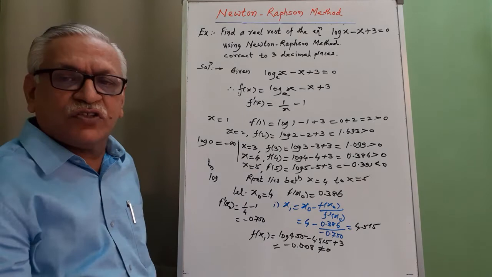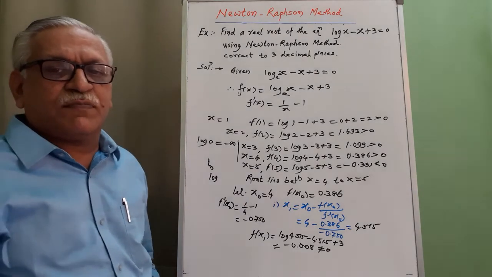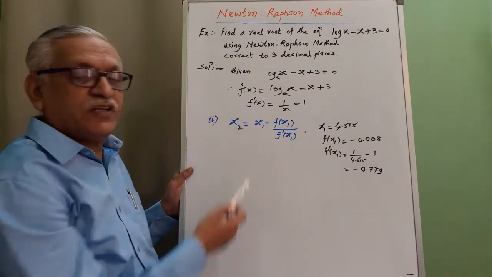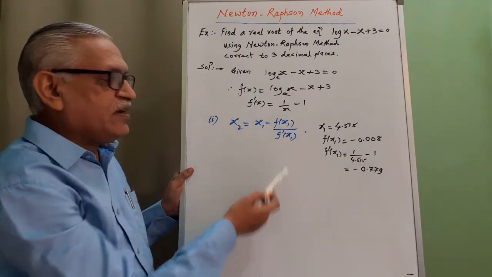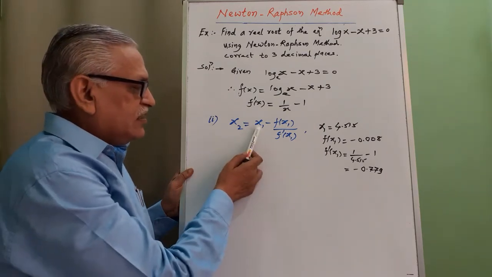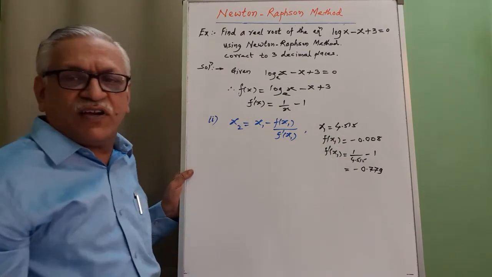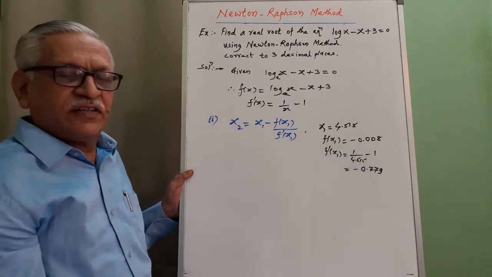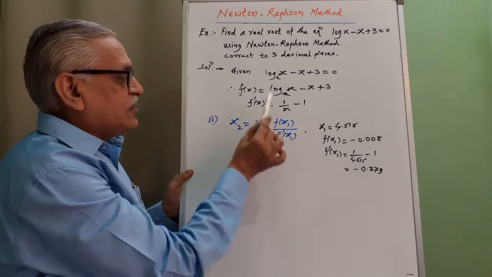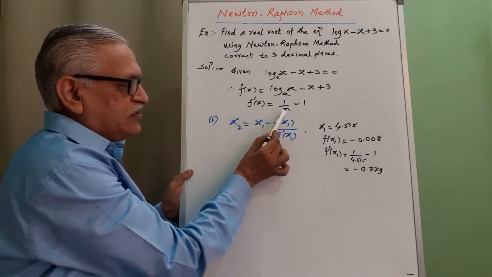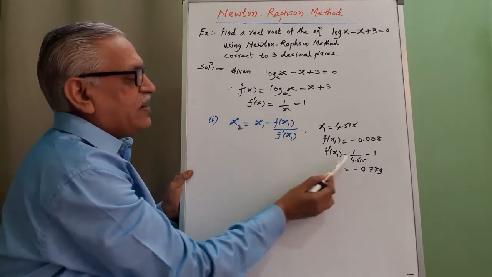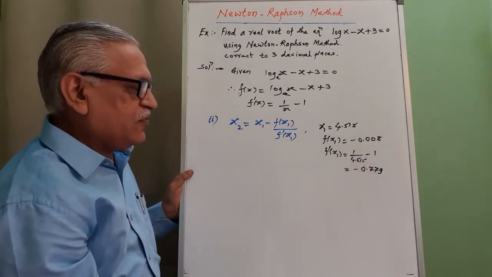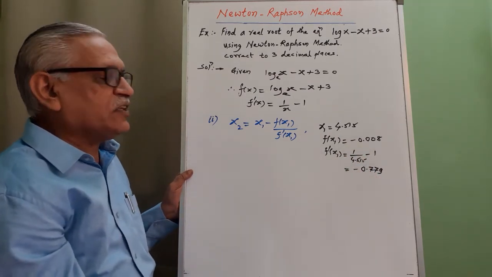And as it is not equal to 0, we have to go to step number 2, iteration number 2, where x2 is equal to x1 minus f of x1 by f dash of x1, where the value of x1 is 4.515, corresponding f of x1 is minus 0.008, and for f dash of x1, substituting the value of x as 4.515, we get 1 by 4.515 minus 1, and by calculator, if we simplify it, we get minus 0.779.